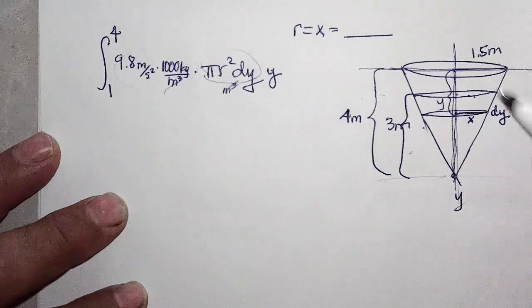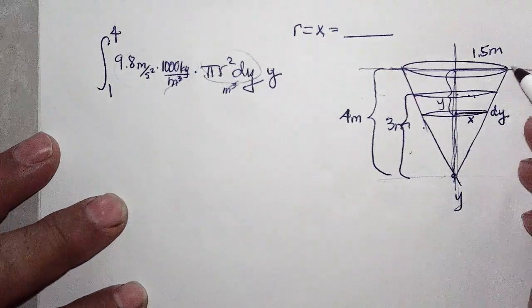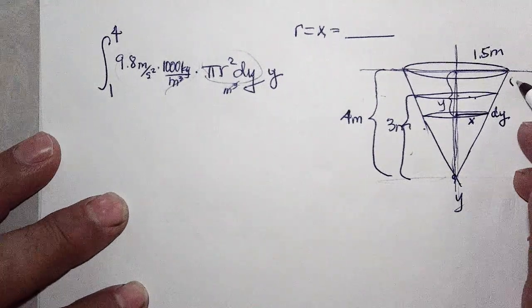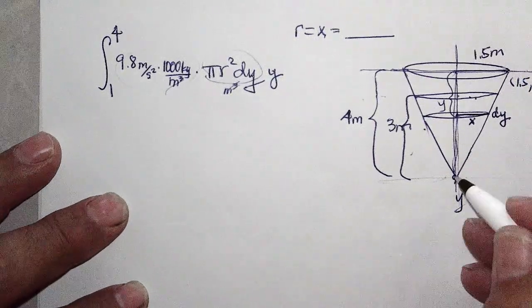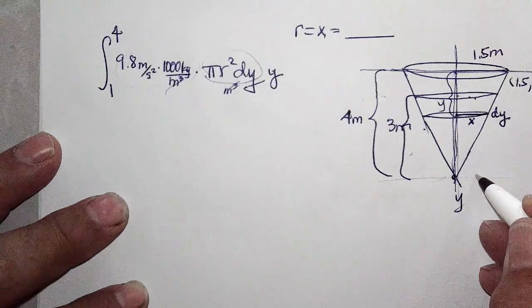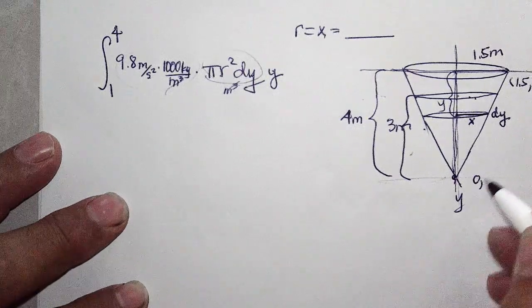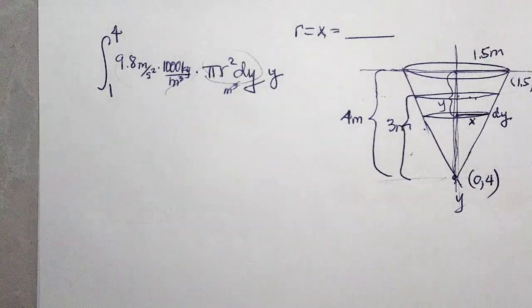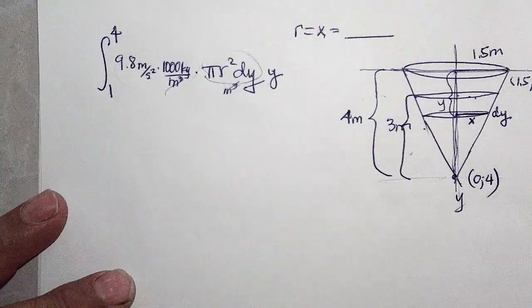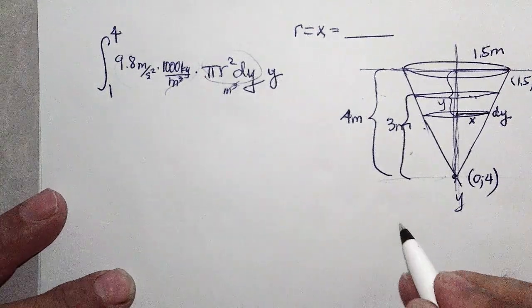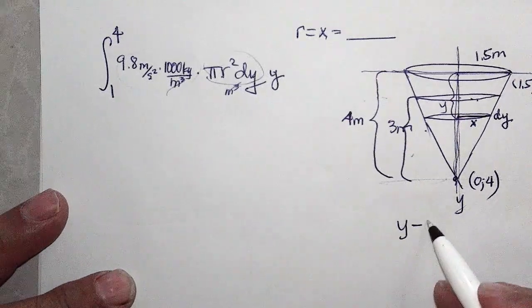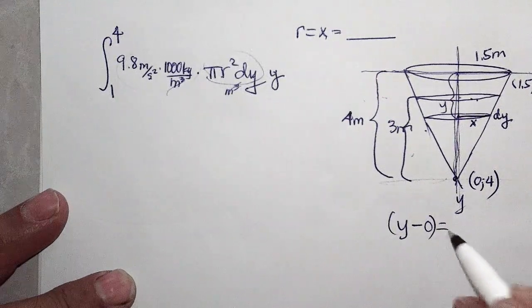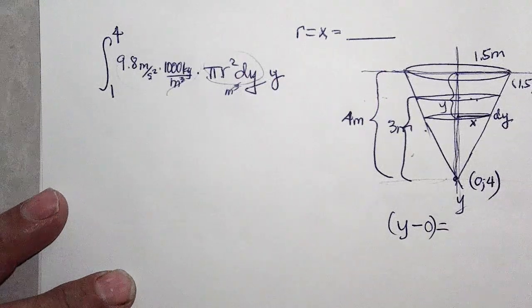Since we've got our coordinate system on here, this point is 1.5, 0, and this point is 0, 4. So we can just write the equation of a line going through those 2 points. y minus y1 equals m, see the slope here.